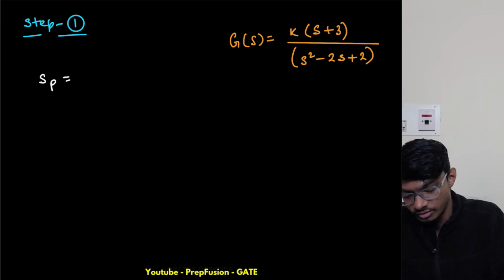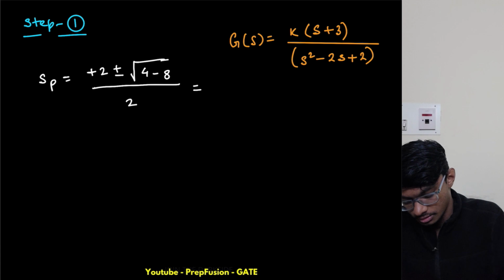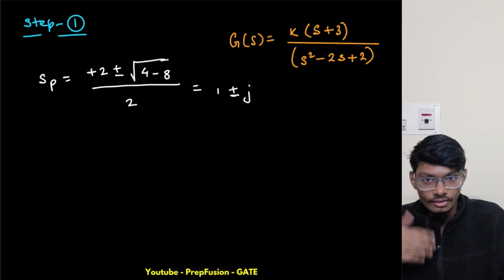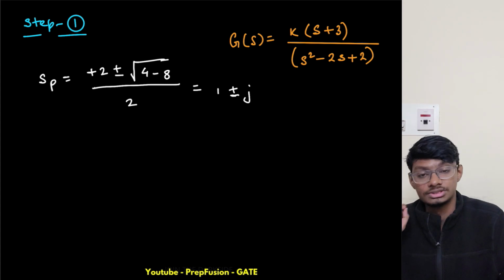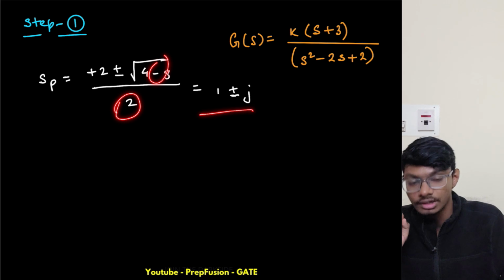So basically I have to equate this one with 0. So this is minus b, which is plus 2, plus minus the square root of b squared, which is 4, minus 4ac, which is 8 itself, divided by 2a. If I get this one correct, this is plus minus j. You get minus 4 over here, which is j under root 2, sorry, j2, and this 2 gets cancelled, so I get 1 plus minus j.